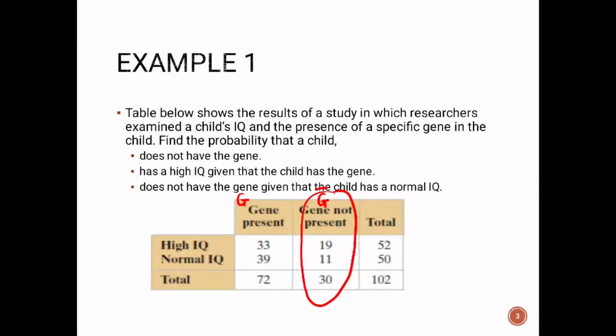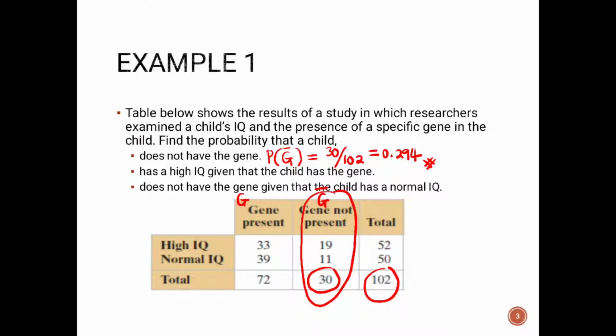So the first question is referring to the probability of G bar, and that is simply 30 over the grand total 102, and that's 0.294.